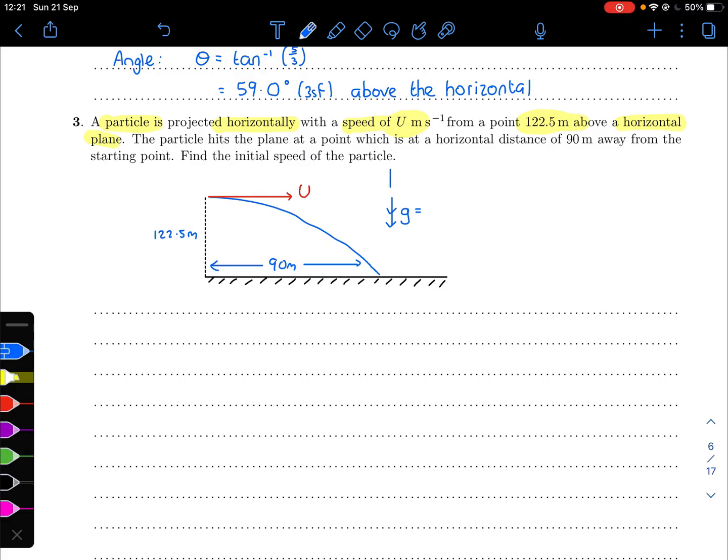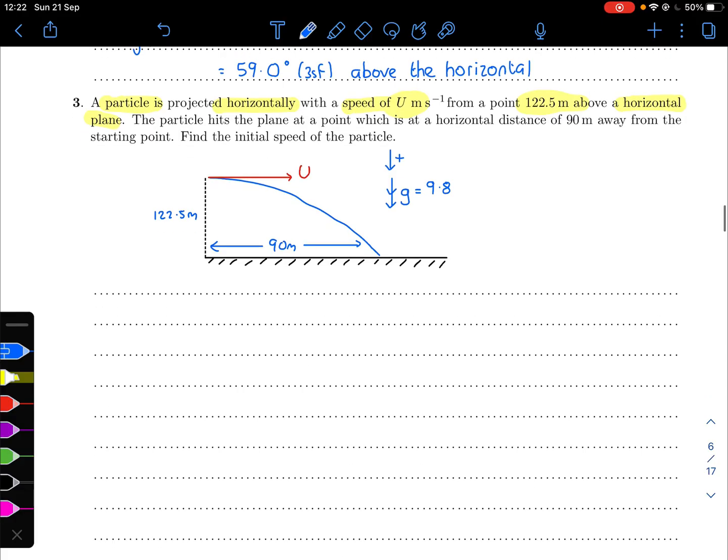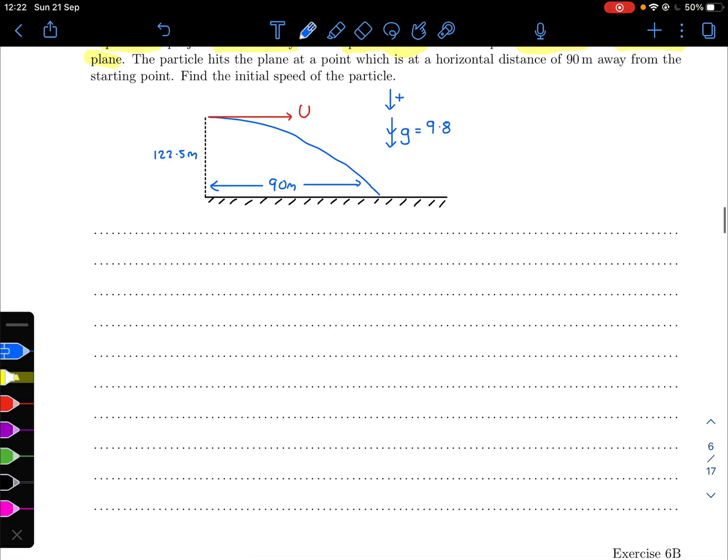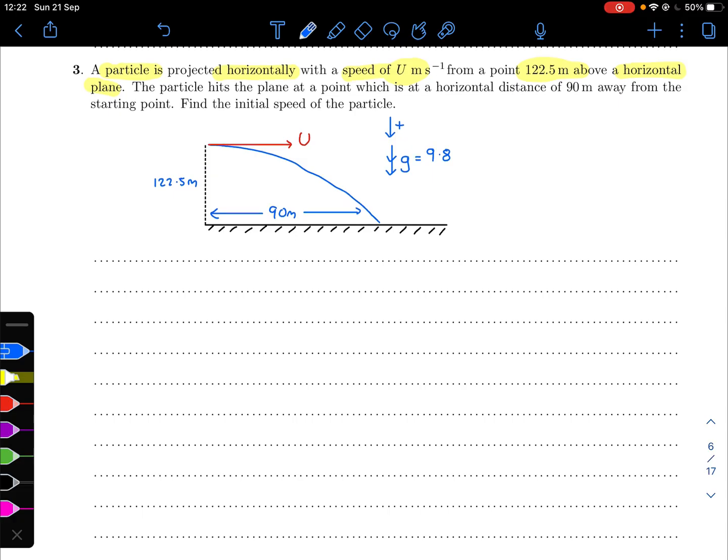So this is one of the few occasions where I would set down to be positive. Since gravity is then acting downwards, it has a positive value, and we know that gravity is 9.8. You could just use the same positive direction in all your problems and gravity will always be negative. That's perfectly fine. It's down to personal preference.